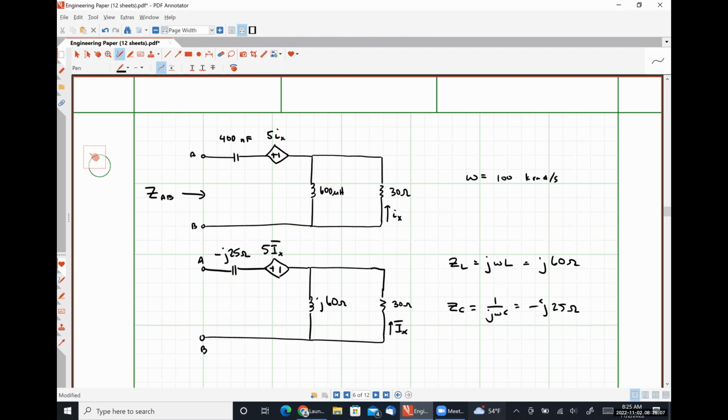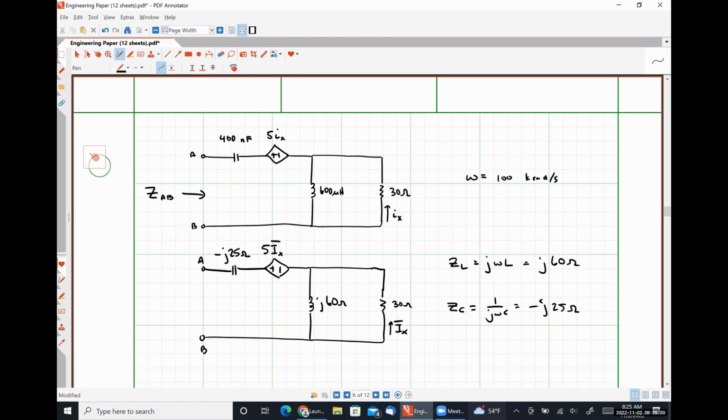So this dependent source here, its position is what's throwing us a little bit of a wrench. So let's say that this is a homework problem and that nodal and mesh are fair game to make our lives a little bit easier here, okay?